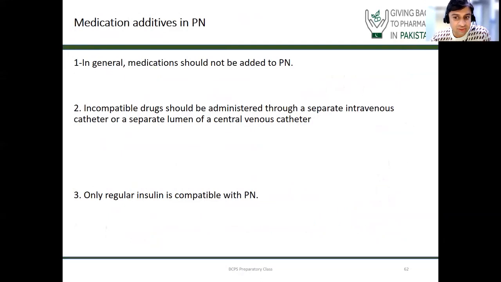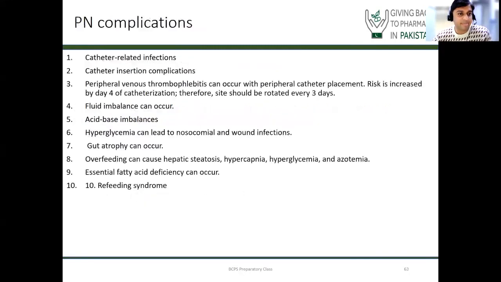There are certain drugs which are entirely incompatible with TPN formulas, and they should always be looked for. When you have to add insulin in the TPN formula, always remember that you will only give regular insulin. So what are the PN complications?